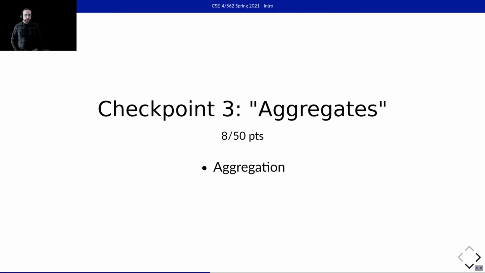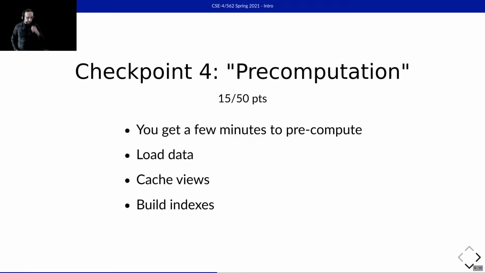Checkpoint 3, we're going to move to aggregation. This is something that doesn't really fit anywhere else, but doesn't really make sense to integrate anywhere else. So this is going to be a fairly short checkpoint. And again, really what I'm looking for is correctness. And then finally in checkpoint 4, you're going to have a little bit of extra time at the start to compute things and to pre-compute statistics, pre-compute pretty much whatever you want.